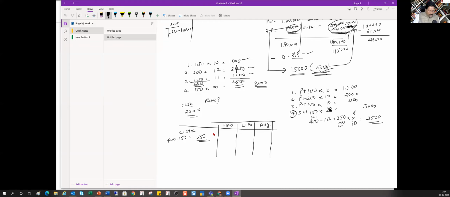Now the big question is, if you multiply this quantity into rate, what is the rate that you will get by applying these three methods? First, let us take the FIFO method. The FIFO method says first in, first out. So whatever came in first, this 100 came in first, and I have actually sold 150 numbers.